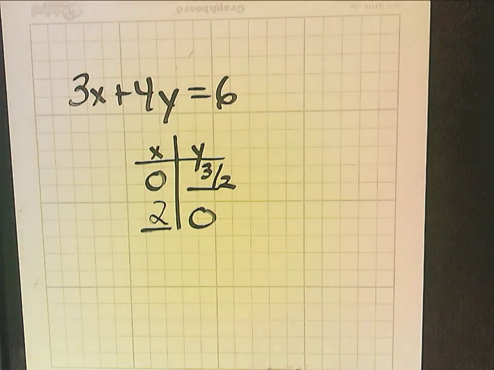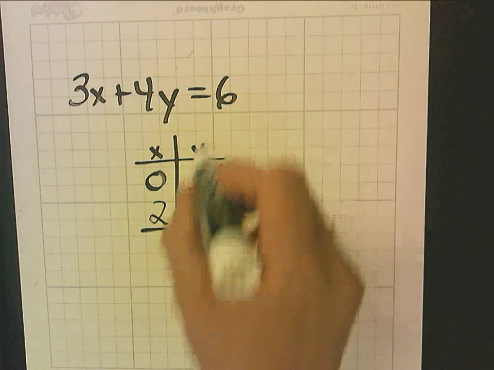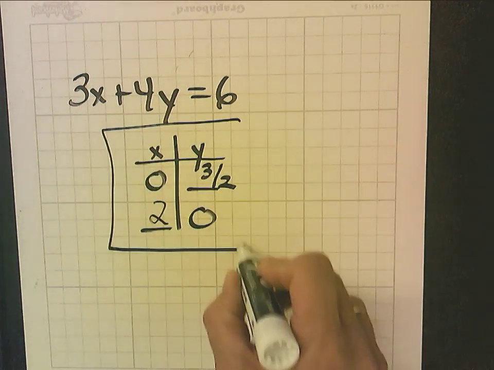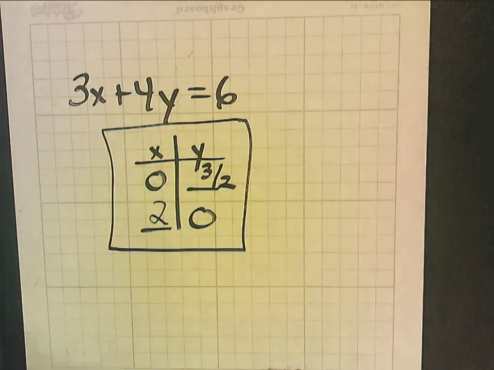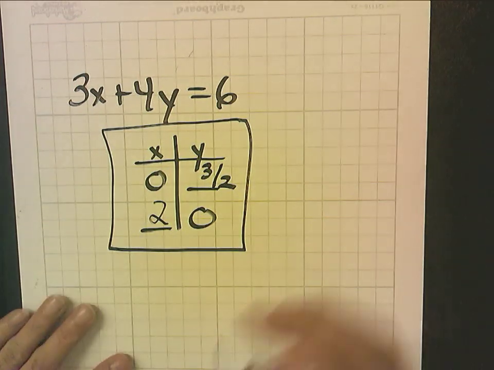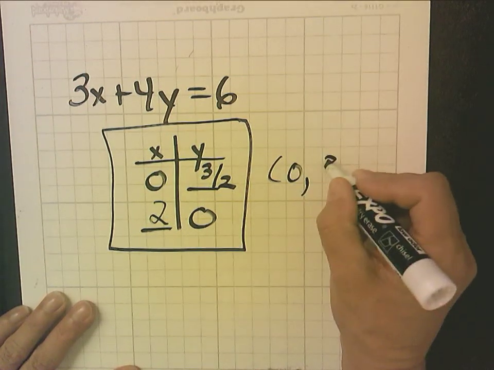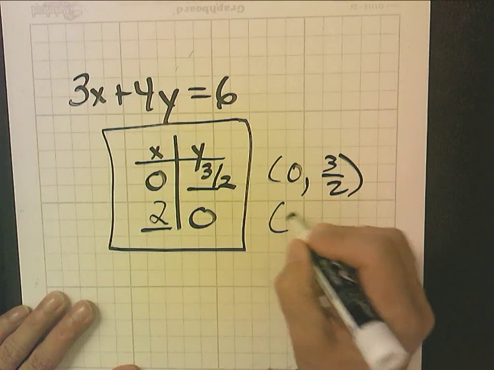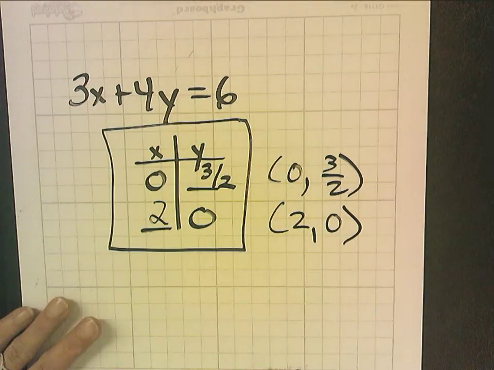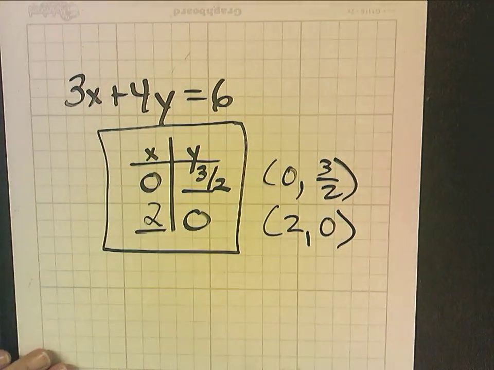This is called the cover-up method, and if you like this method, this is the only work you need to show. The reason I like this is because it gives you the ordered pair: (0, 3 halves) and (2, 0). Okay, my y-intercept, my x-intercept.